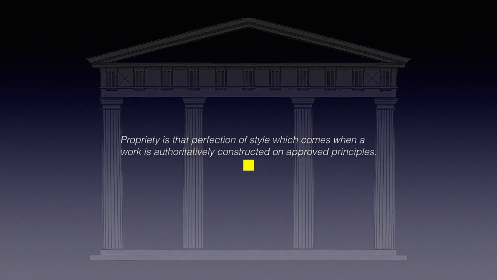Or as Vitruvius put it, propriety is that perfection of style which comes when a work is authoritatively constructed on approved principles. And these principles make a difference. If you have the forms, but not the principles, the body, but not the soul, to make an analogy, you don't have a fully classical building.